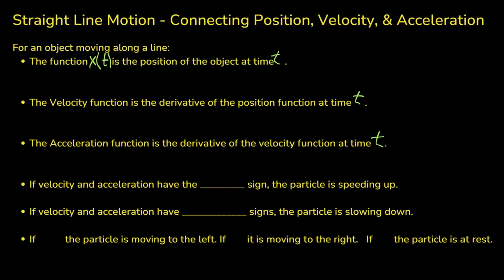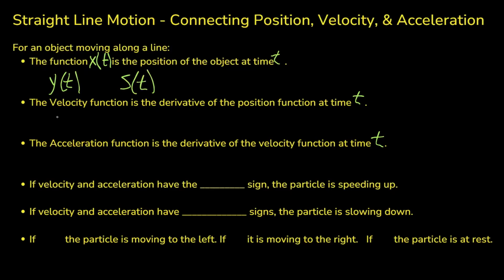That brings us to talking about straight line motion and making the connection between position, velocity, and acceleration. The function x of t is often used as the position function of the object at time t. That's typically going to be used with horizontal line motion. You may see y of t, and that would imply vertical line motion, or you may see s of t, which is just the position function for an object.